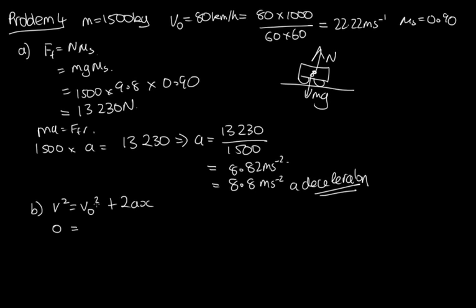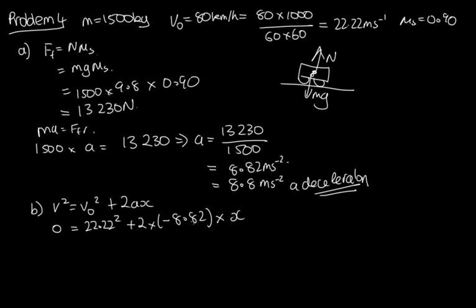So v naught squared, this is the initial velocity squared. So it starts at 22.22, and we should square that, plus 2. Now, the acceleration is acting in the opposite direction to the velocity because it's acting to slow it down. So that's got a negative sign in front of it, times x, and this x is the stopping distance.